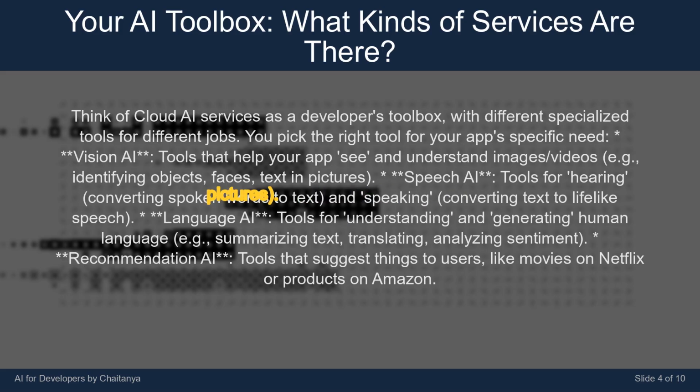Speech AI: tools for hearing, converting spoken words to text, and speaking, converting text to lifelike speech. Language AI: tools for understanding and generating human language, e.g., summarizing text, translating, analyzing sentiment. Recommendation AI: tools that suggest things to users, like movies on Netflix or products on Amazon.